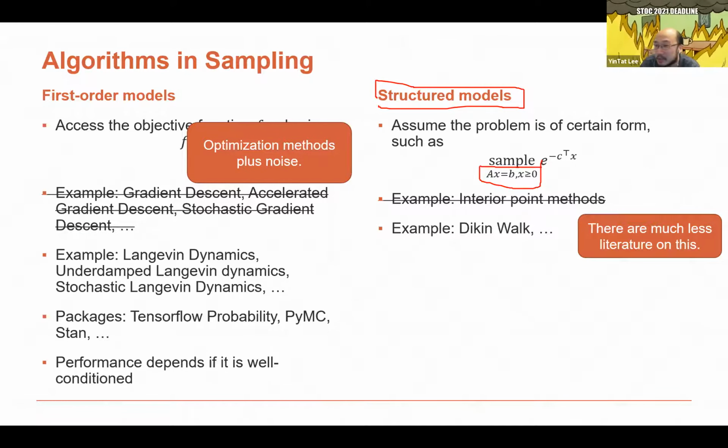That is again just running an interior point method plus noise. The only difference is there are maybe tens of thousands of papers on interior point methods, but maybe fewer than 10 papers on this sampling case. So there is much less literature on this. And you should expect the performance to depend on the sparsity.